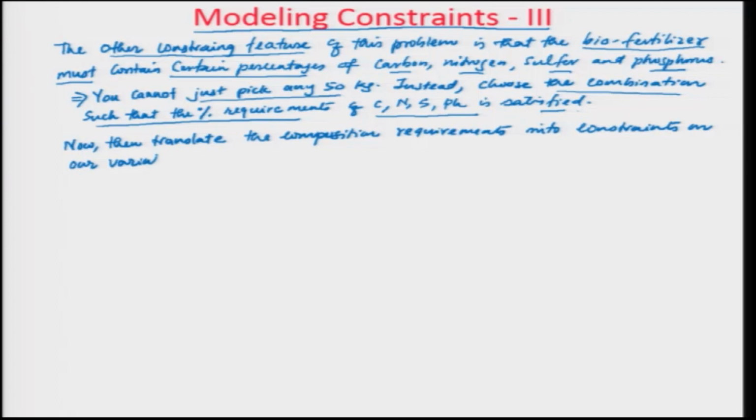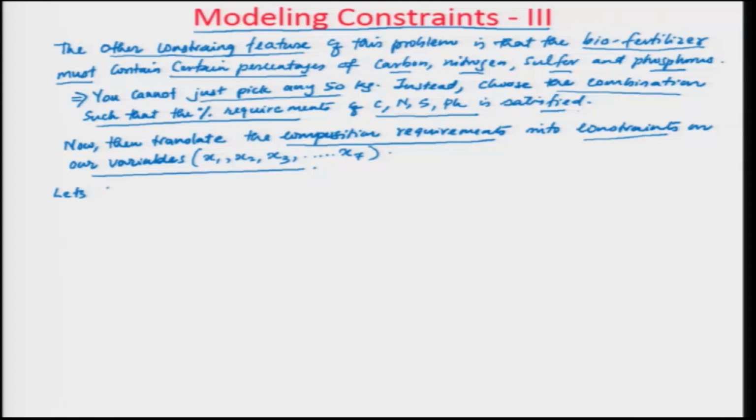What are our variables? x1, x2, x3, x4, x5, etc. The variables are x1, x2, x3 all the way to x7. These are our 7 variables. So the composition requirements that we have of carbon, nitrogen, sulfur and phosphorus need to be put into constraints on the variables. Okay.